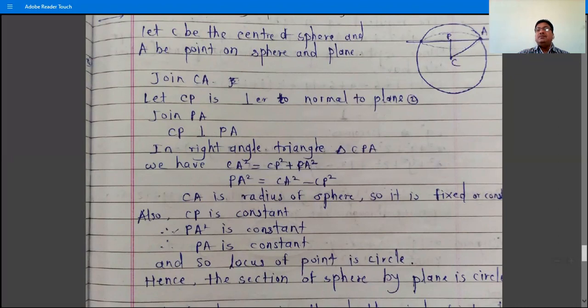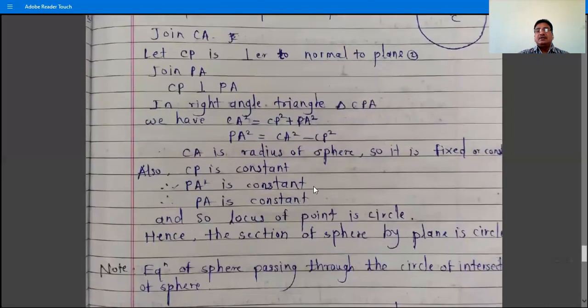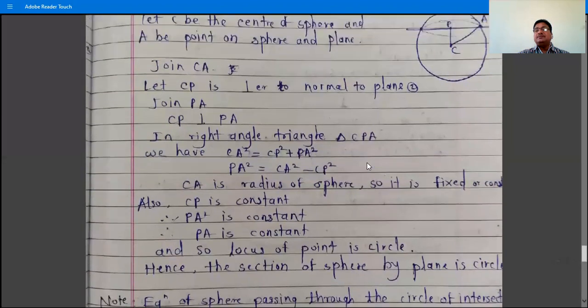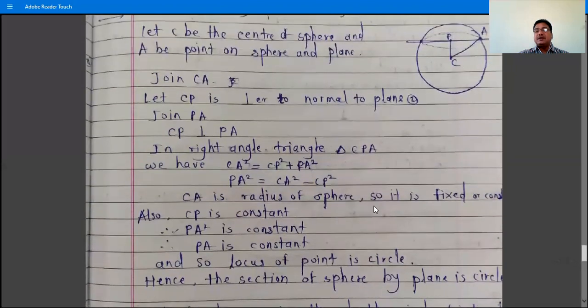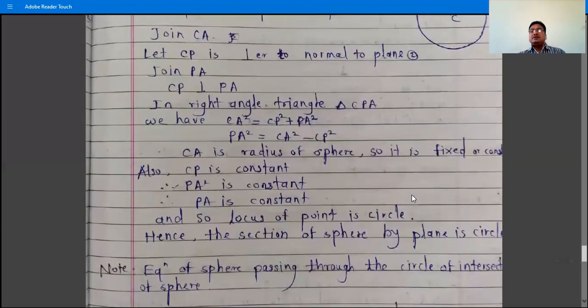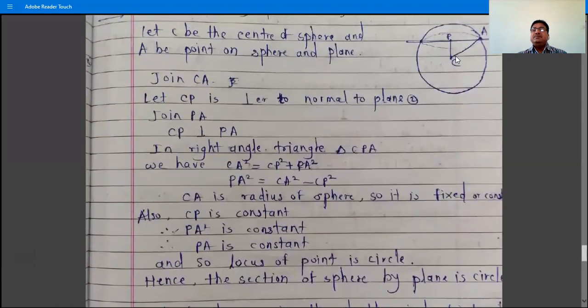Therefore PA square is equal to CA square minus CP square, and this CA is the radius of the sphere, so it is fixed or constant. The radius of the sphere is a constant term, and CP is the distance of the center C from the plane.